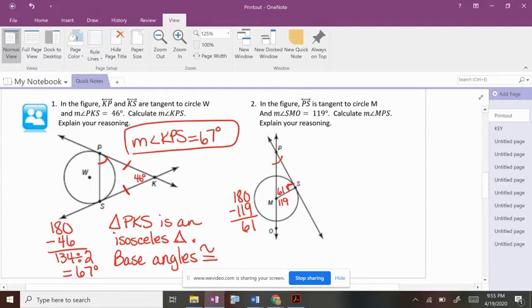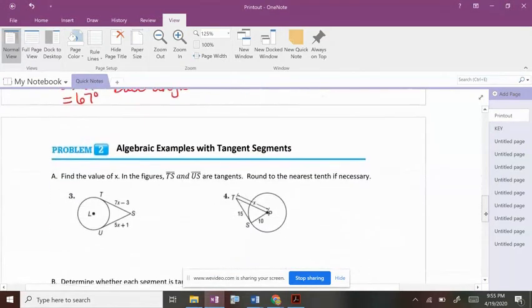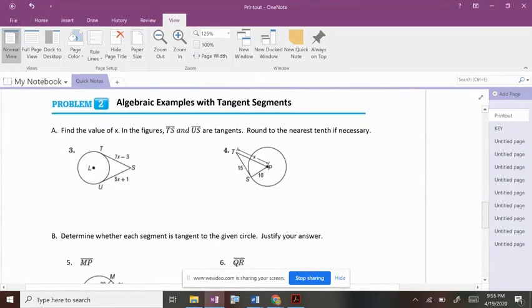Now I'm going to find the missing angle by using my triangle rule, which is to subtract the two angles that I have, the 90 and the 61, to find that third angle. That third angle would be 29 degrees. So that would be the measure of angle MPS.